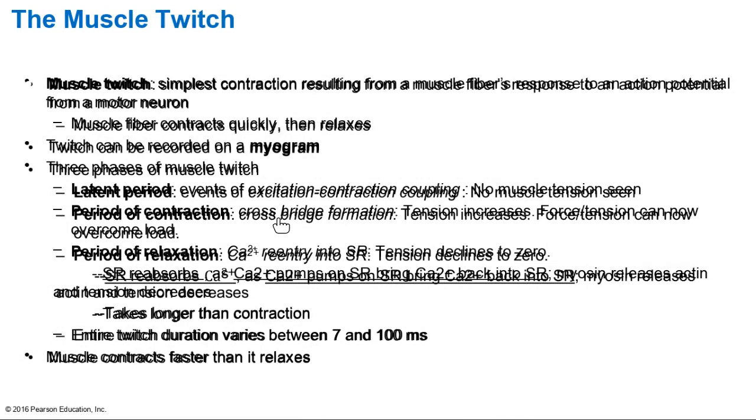Remember when we talked about the cross-bridge cycle? You have to have another molecule of ATP bind to the myosin head to cause that myosin head to detach from the thin filament. And so that itself takes a little bit of time. So, these things cause this period of relaxation to last a little longer. Again, the muscle will contract faster than it relaxes.